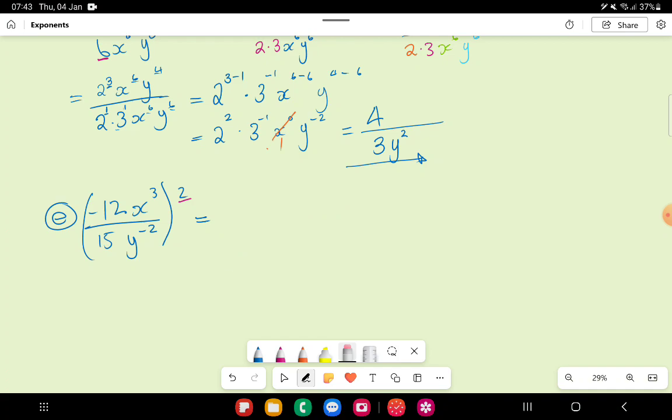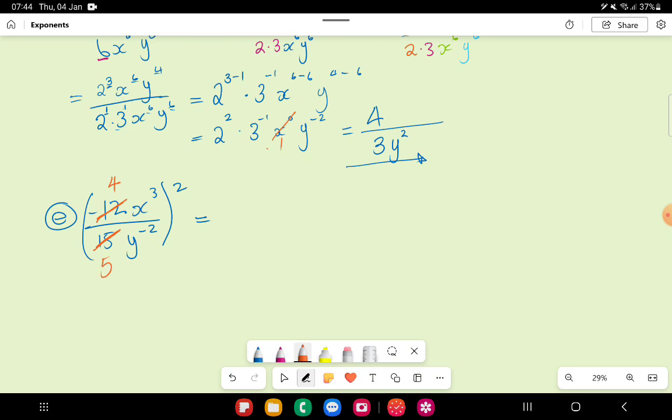Let's do that first. Instead, we can actually work in the bracket. So 12 and 15 have got 3 in common. I can divide 12 by 3, and I can divide 15 by 3. 12 divided by 3 becomes 4. 15 divided by 3 becomes 5.